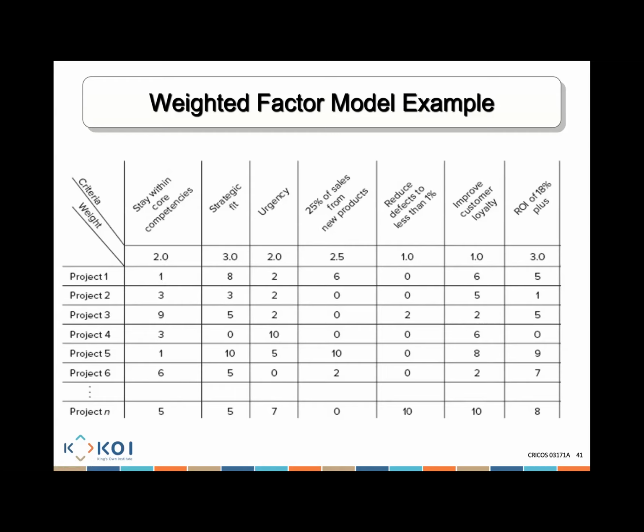No, it doesn't really help me to do that. 3, it doesn't help me much, but it's better than project 1. 9, oh yeah, project 3 will really, really help me to stay within my core competency. Does that make sense? So you evaluate each project 1, 2, 3, 4, 5, based on each criteria.